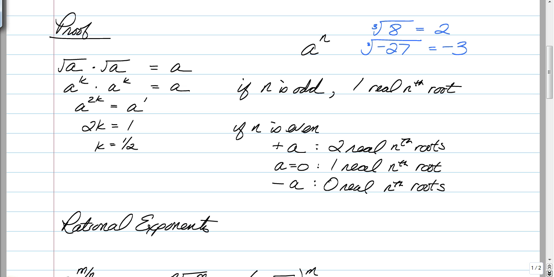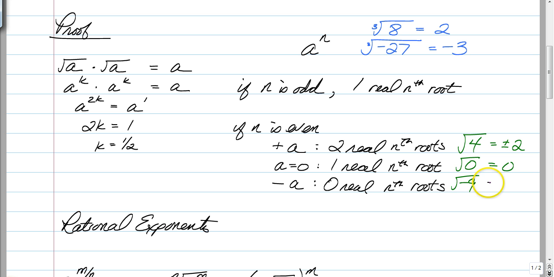If it's even and you are taking, say, the square root of 4, we know it's plus or minus 2. If we are taking the square root of 0, we know it's just 0 because 0 is neither positive nor negative.